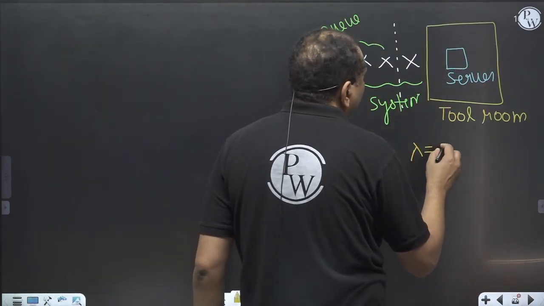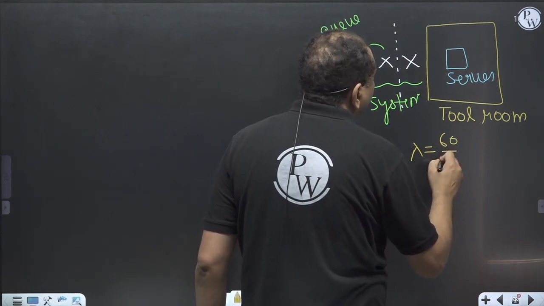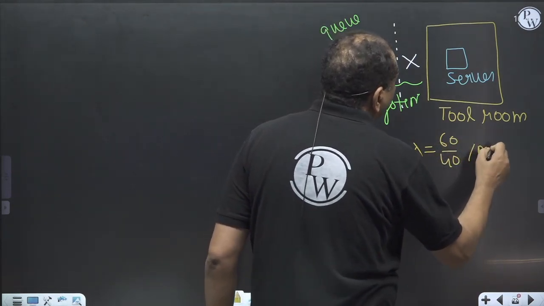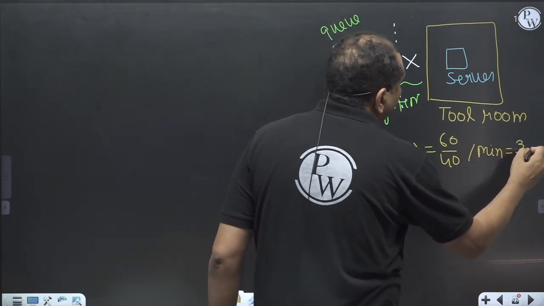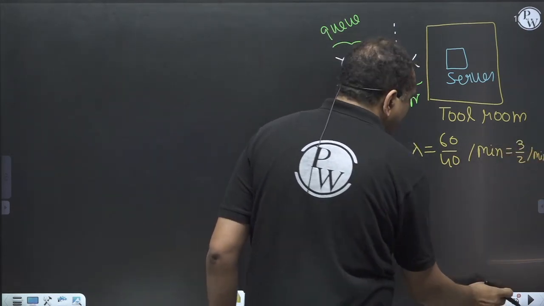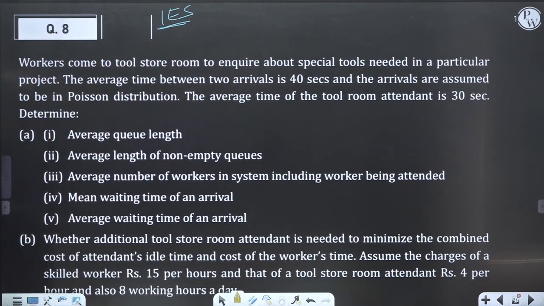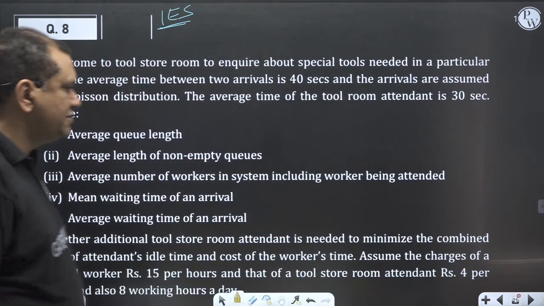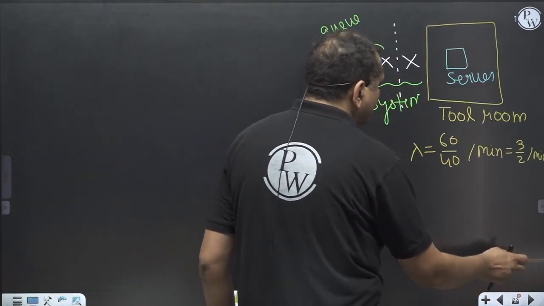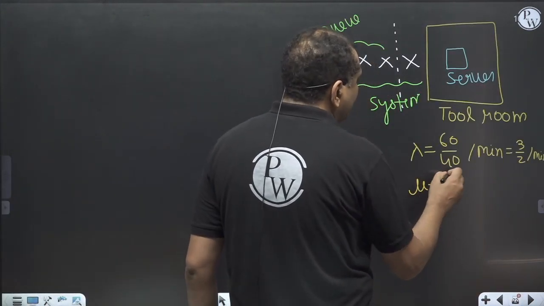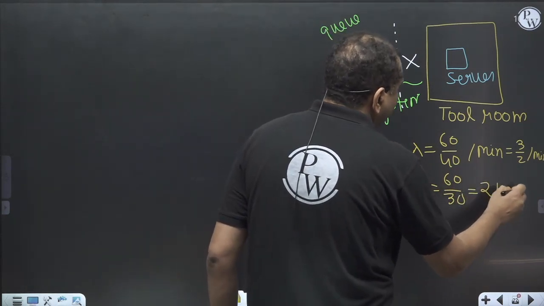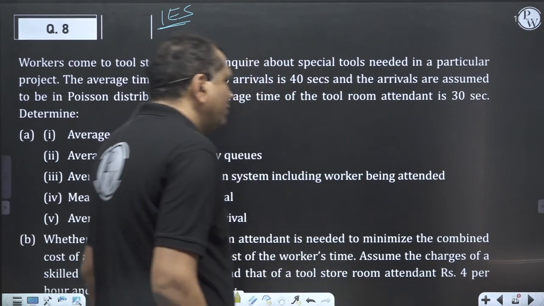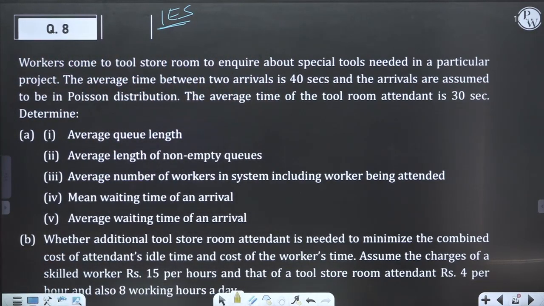Lambda is 60 by 40 per minute, 3 by 2 per minute. The average service time of the tool room attendant is 30 seconds. Mu is 60 by 30, 2 per minute. So mu has to be in the same unit.